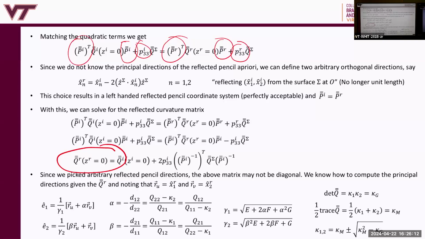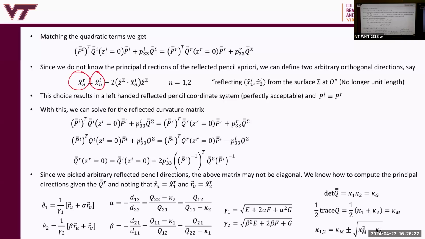And the way we did that is we reflected the incident principal directions, the incident pencil coordinate transverse vectors off of the surface to get the reflected pencil coordinates tangential basis vectors, yeah? Okay, but that gives us a left-handed coordinate system and all of that, but we can fix that later. So what that did was say that PI is equal to PR.